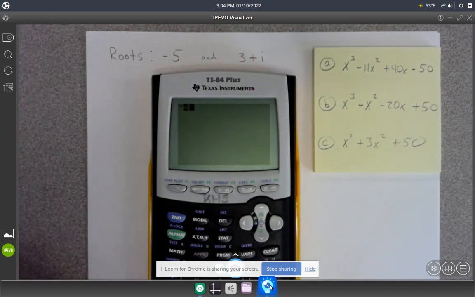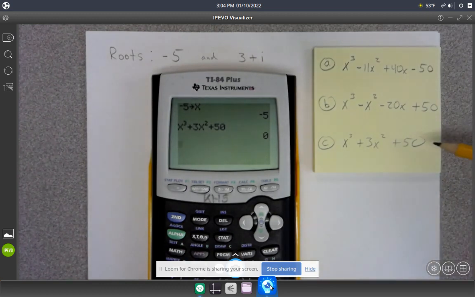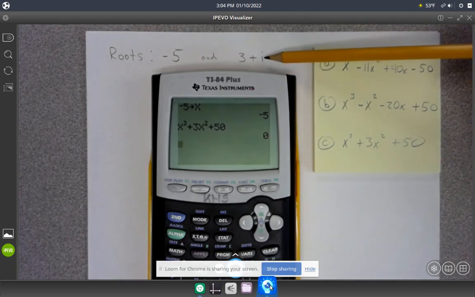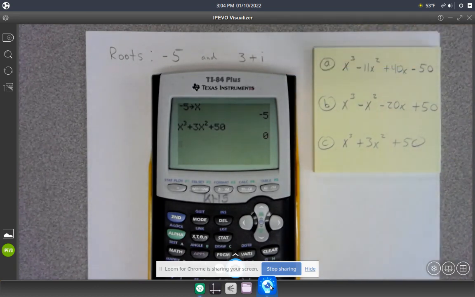Right? So if I do -5 store to x, and I try out option C, it's going to give me x to the third power plus 3x squared plus 50, and I do get 0. So this means that -5 is a root of this equation, but I also need 3 plus i to be a root as well.